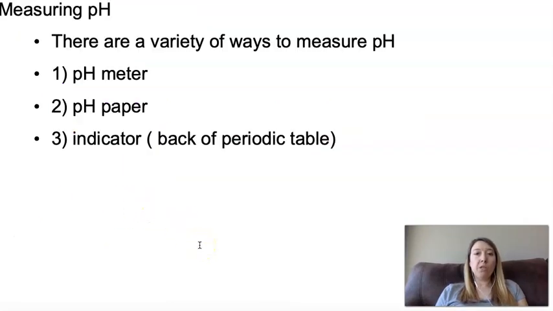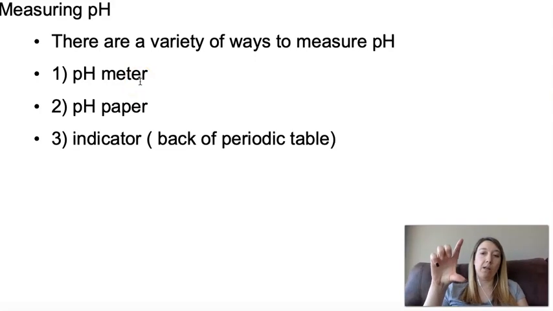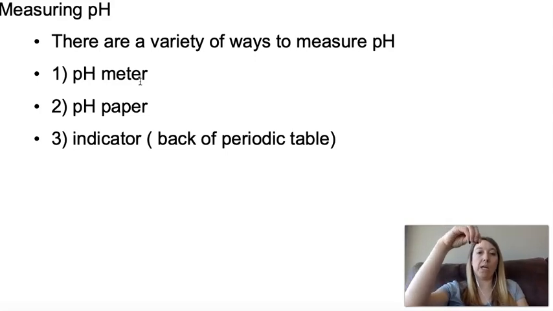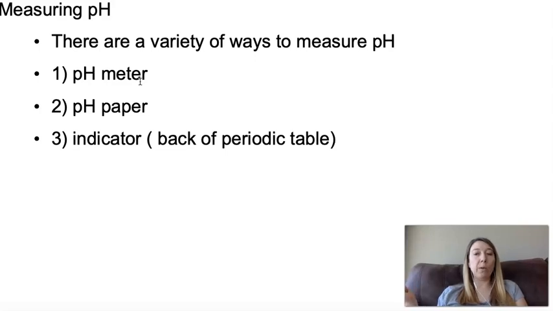When it comes to measuring pH, we have 3 different ways of going about doing that. There's a pH meter, which if we were actually at school, we'd be using when we did some of these labs. It's basically like a long stick with a little glass ball at the end. You stick it into your solution, you swirl it around, and there's a little readout on the meter that tells you the pH of the solution is 2.50, and then you can rinse it off, put it in another solution, and it says this one is 8.25.